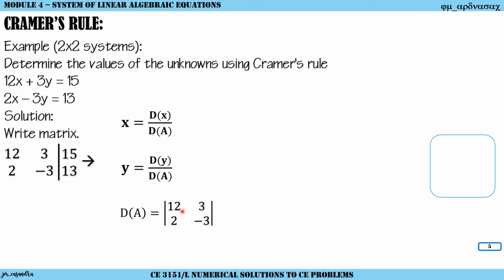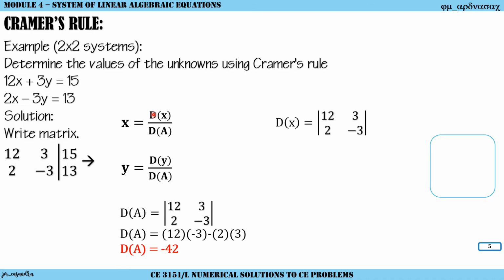That's 12 times minus 3 minus 2 times 3, giving us a value of negative 42. Next, we solve for the determinant of matrix x. This is our coefficient matrix, and what we are solving for is the values of x.